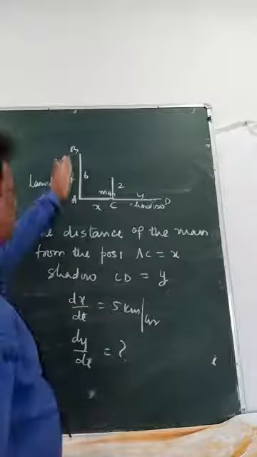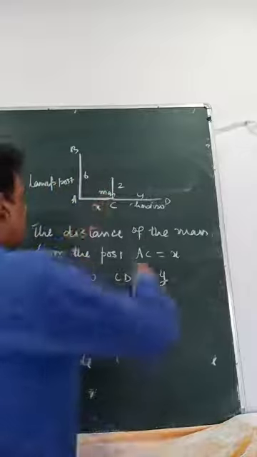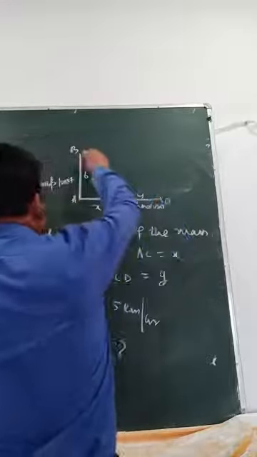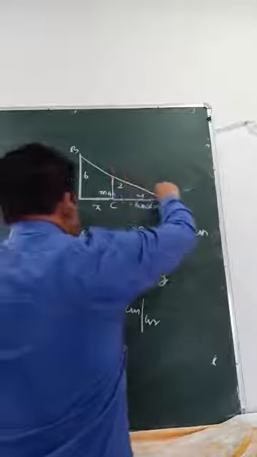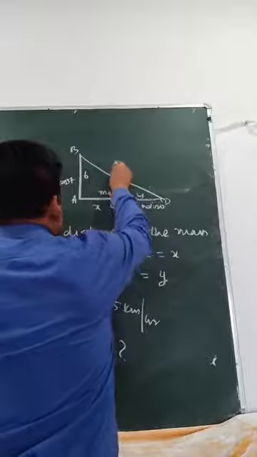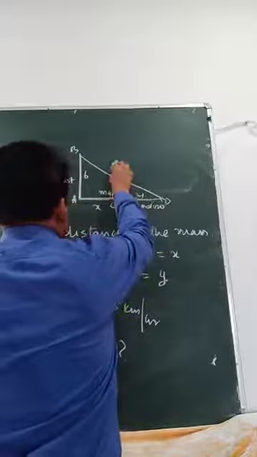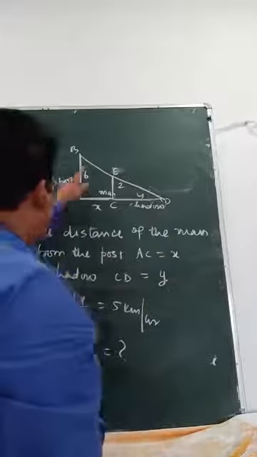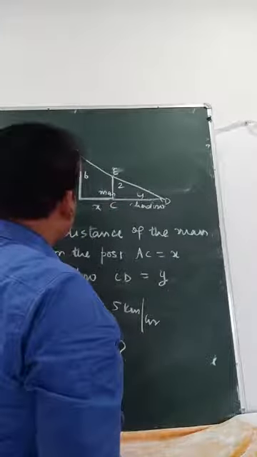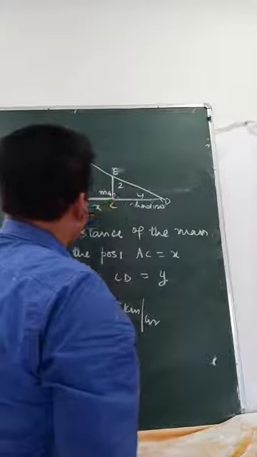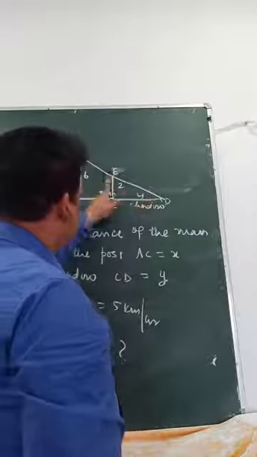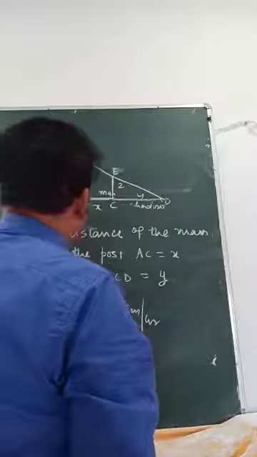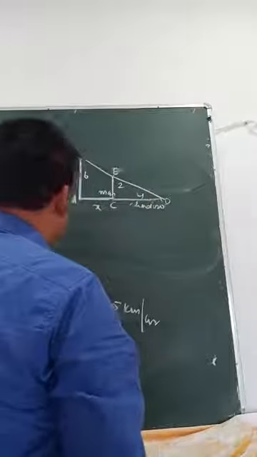Suppose this is the lamp post, this is the man standing, and if I join this, this is E, suppose. Now there are two similar triangles: triangle ABD and triangle CED.